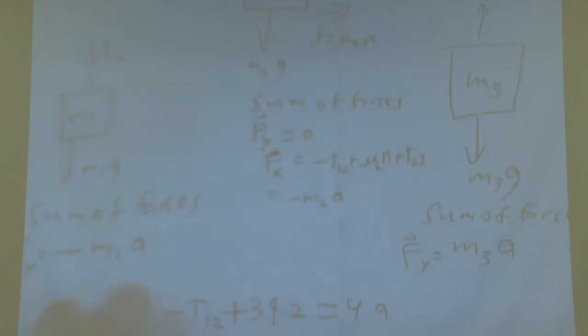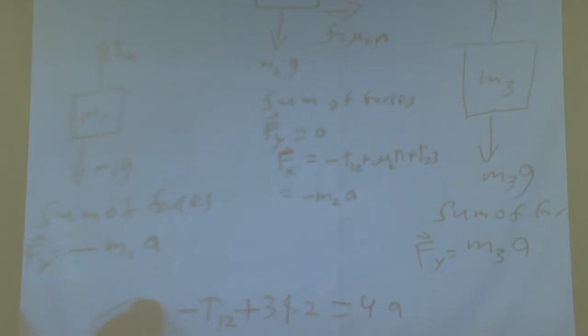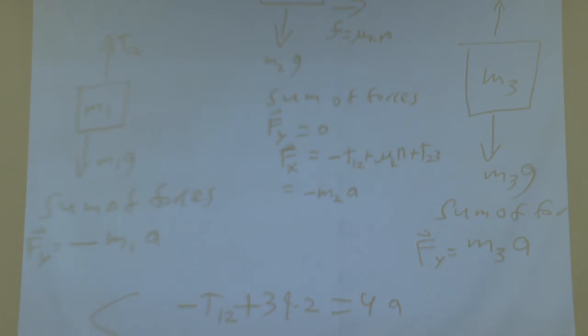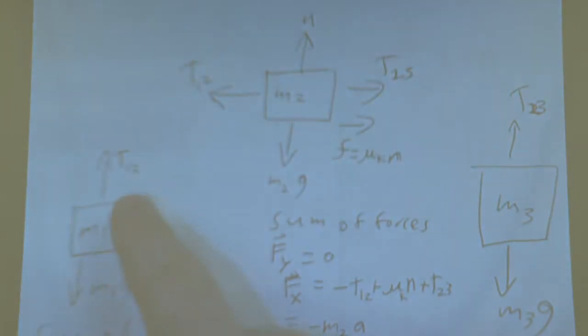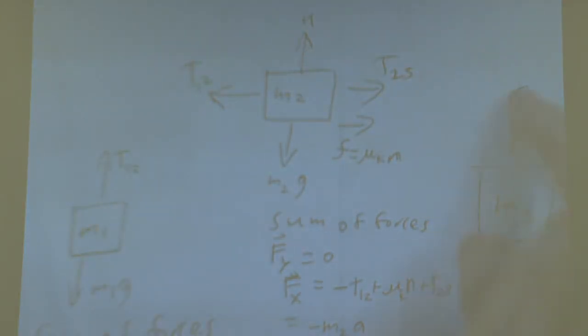Now, we got some equations for the sums of the forces because we remember that F equals ma. The sum of the forces equals mass times acceleration. And we know the masses. So we presume that because m1 is bigger than m3, the system rotates like this. m1 is going to go down, m3 is going to go up, and m2 is going to go that way.